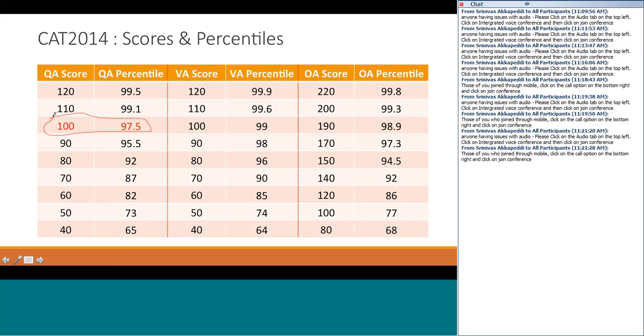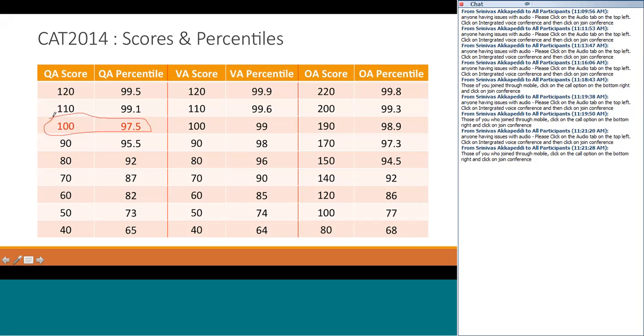Last year, out of 150 marks, if one had got 100 marks, that's 66%, you would have got 97.5 percentile in the exam.